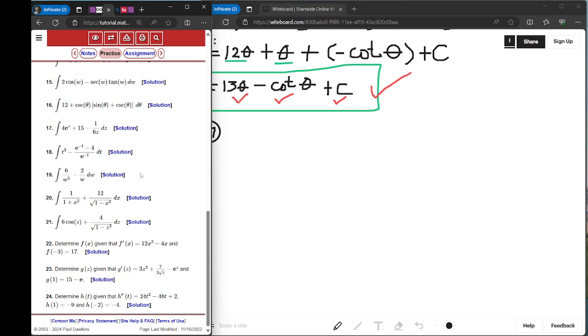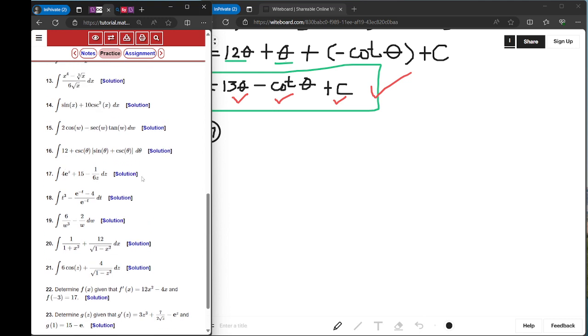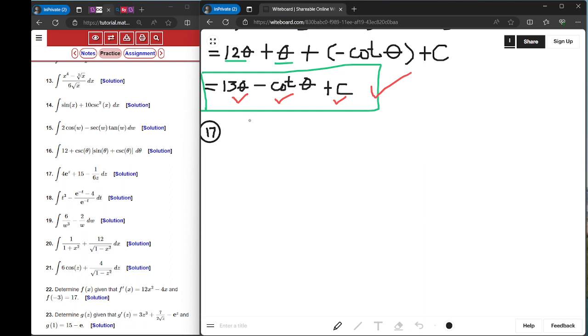So we have here, oh no, 17. That's the integral of 4 e to the z plus 15 minus 1 over 6z dz.